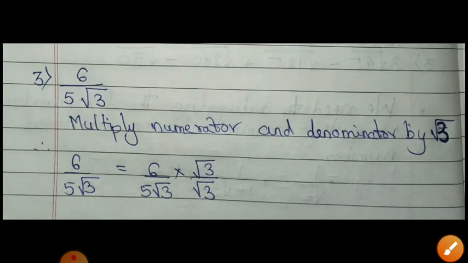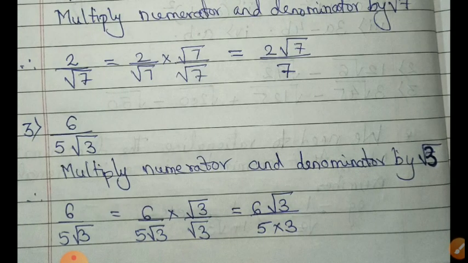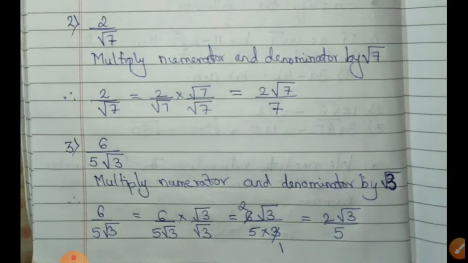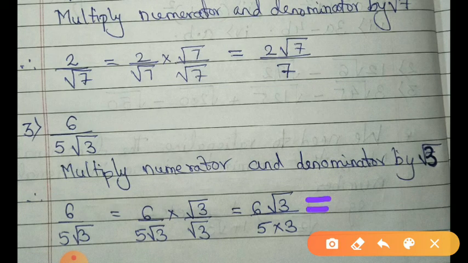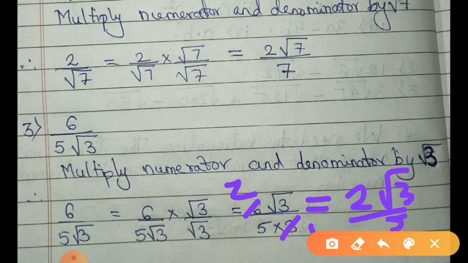This was the method we have to do here. So 6 root 3 by 15, the same thing I can write as 3 ones are 3, 3 twos are 6. So I'll be getting the last answer as 2 root 3 divided by what? It will be 5.